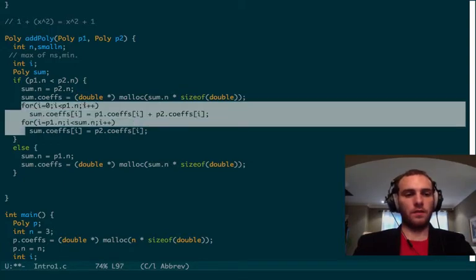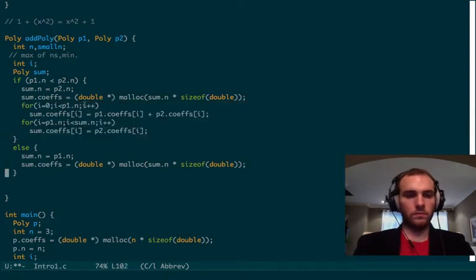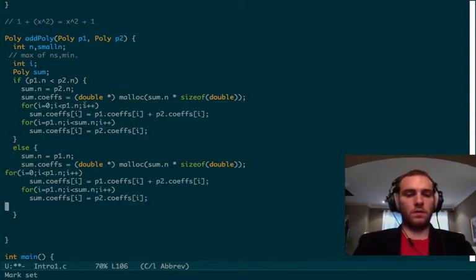Same thing. Except it's different for this because now P2 is the minimum. We still do this and then P2.